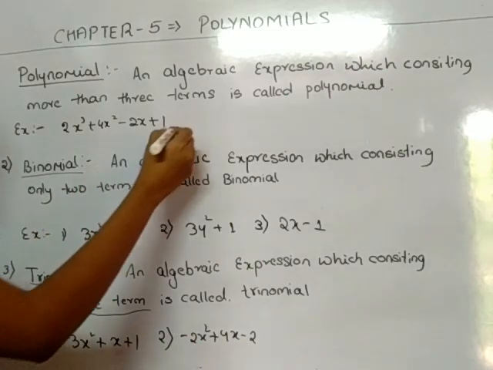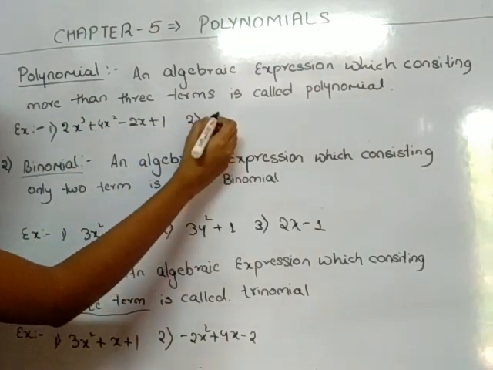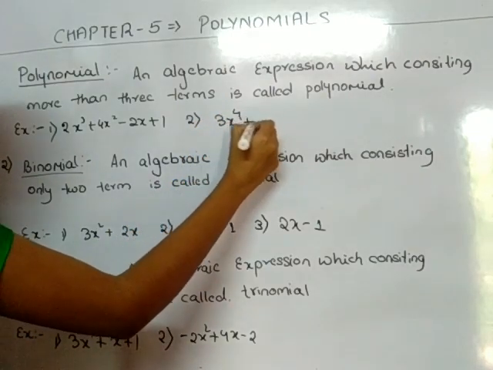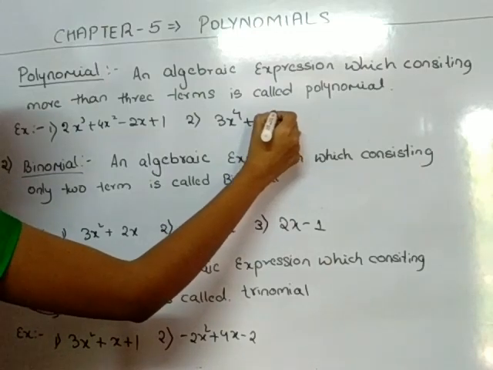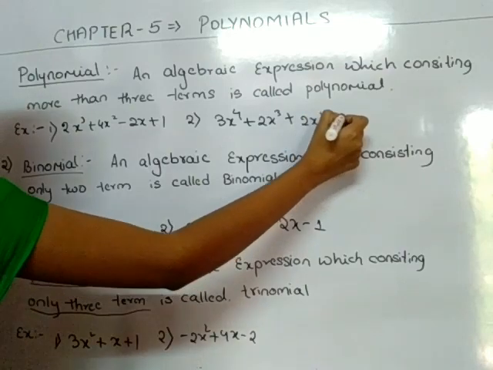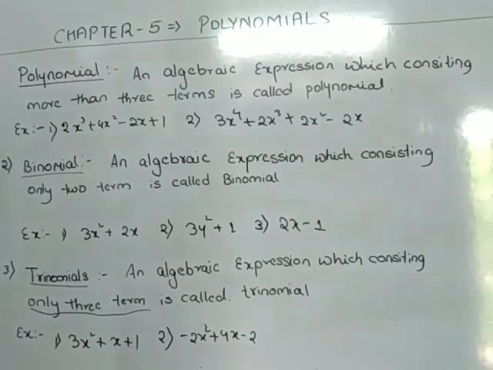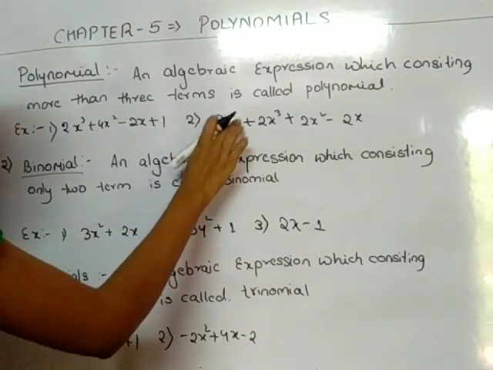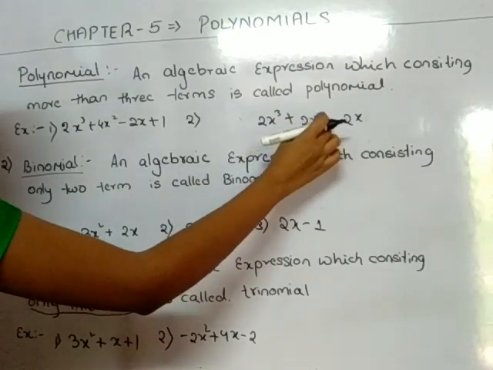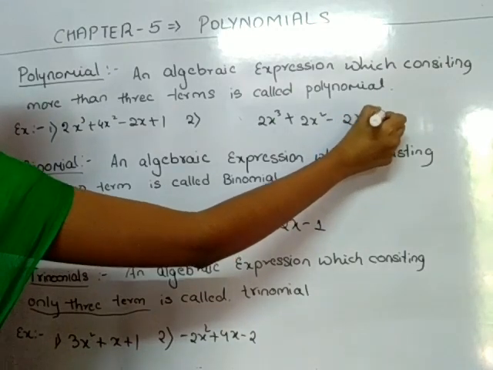We'll check some more examples. Second example, this is the first example. 3x raised to 4 plus 2x raised to cube plus 2x square minus 2x plus 1.